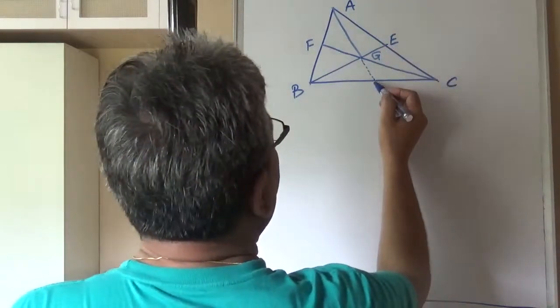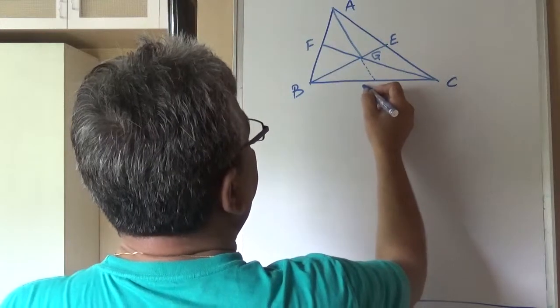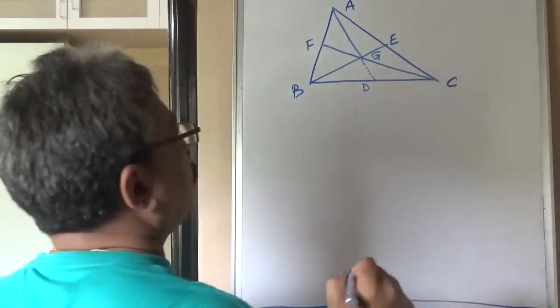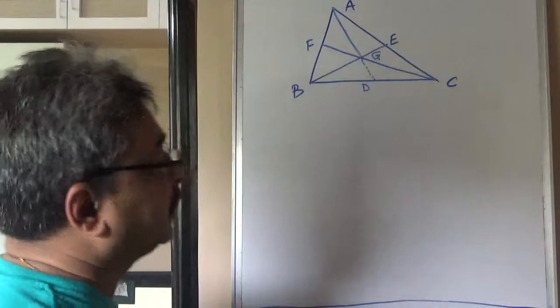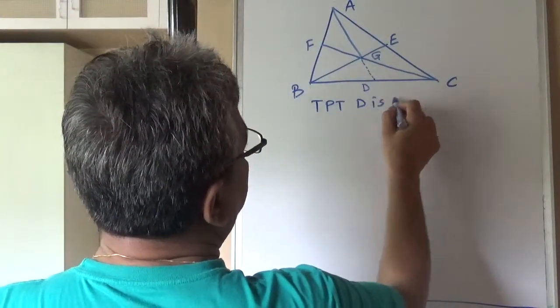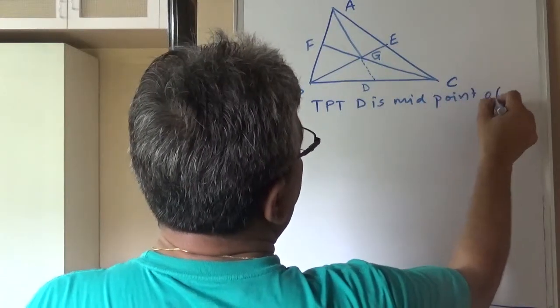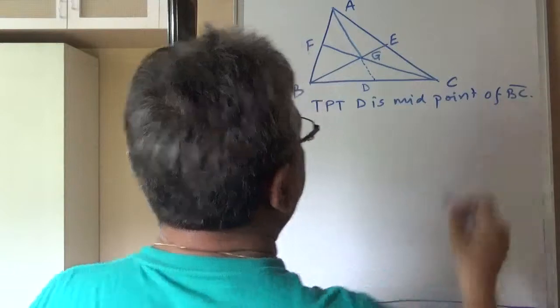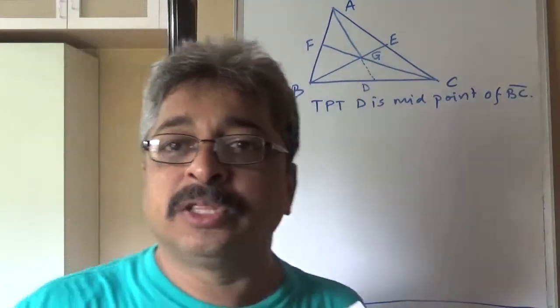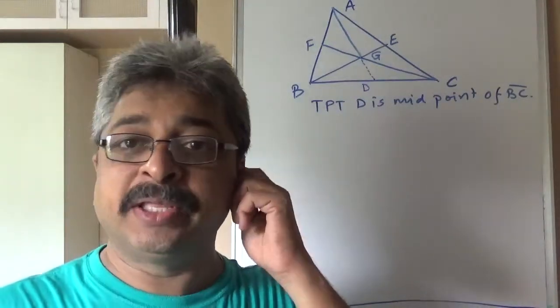Then wherever this ray AG intersects segment BC, let that point of intersection be D, we have to prove that D is the midpoint of segment BC.